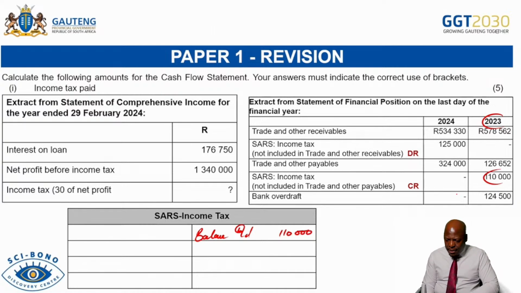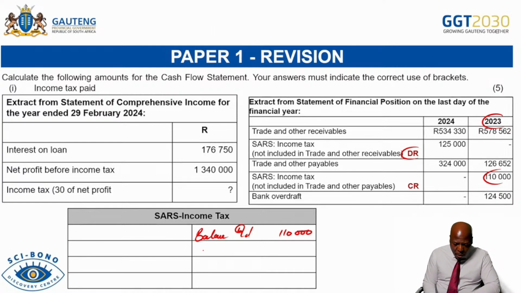And then the balance at the end, we're given the balance at the end, which is a debit balance 125. All right, so let me see if I can squeeze it here. They said it's a debit balance. That means first it has to be a credit balance, carried down.